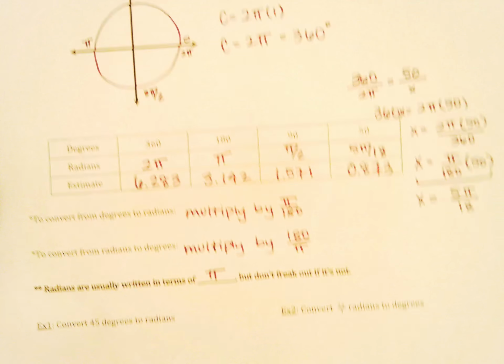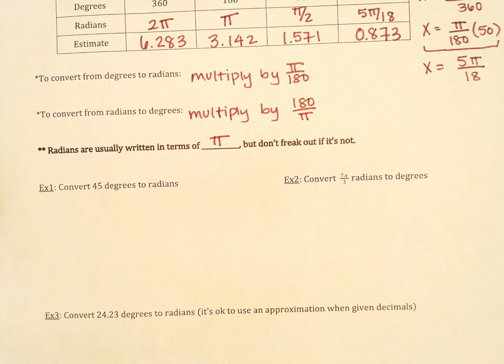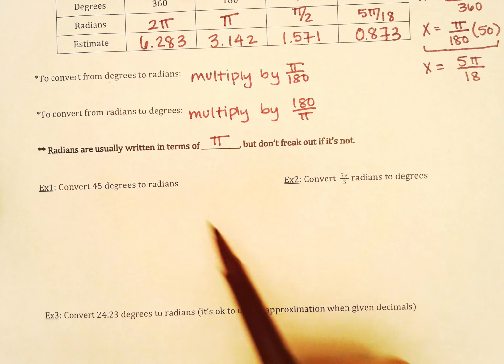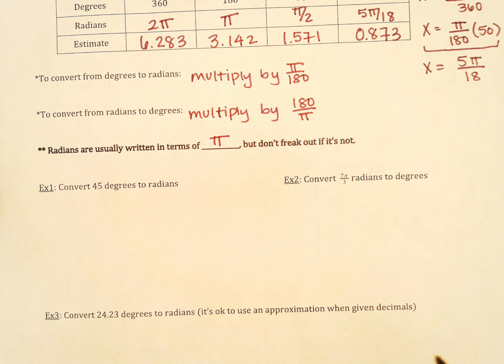Okay, so we're going to practice these first two by converting our degrees to radians. Now we should be pretty comfortable knowing what this 45-degree angle would look like on our unit circle, and coming up with our sine and cosine for that.